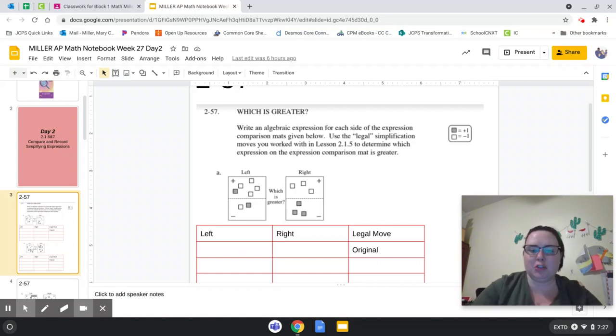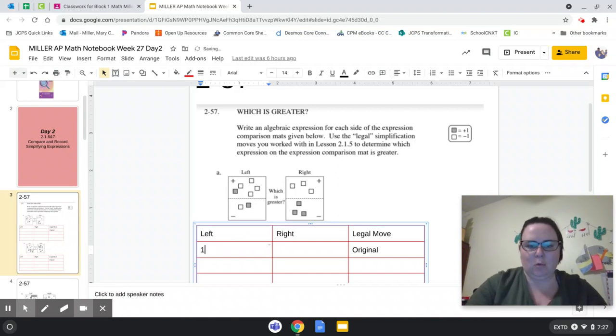Okay, so we're going to start out by listing exactly what's on top. So if you see on here, you have 1 positive and 4 negatives, 1 plus -4. Then we're going to take the opposite of everything that's on the bottom, which is 1 plus -1. Okay, the opposite of each of those.